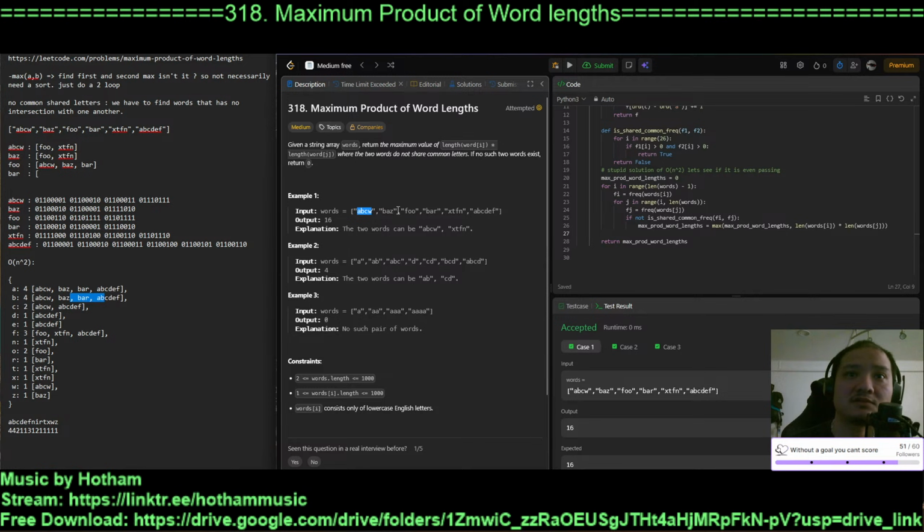We have an option for foo, bar, no foo, and XDFN. How do we quickly know that? Right, and then bar is like what? So ABCW, we have foo and XDFN.